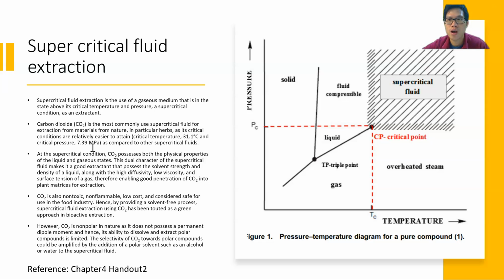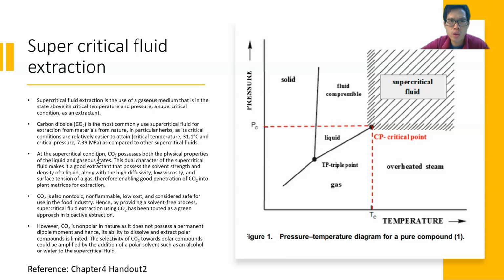When you reach these supercritical fluids, you will have this stage here, which is between the liquid and the gaseous state. It behaves a bit like a liquid and a bit like a gas in this supercritical fluid stage.